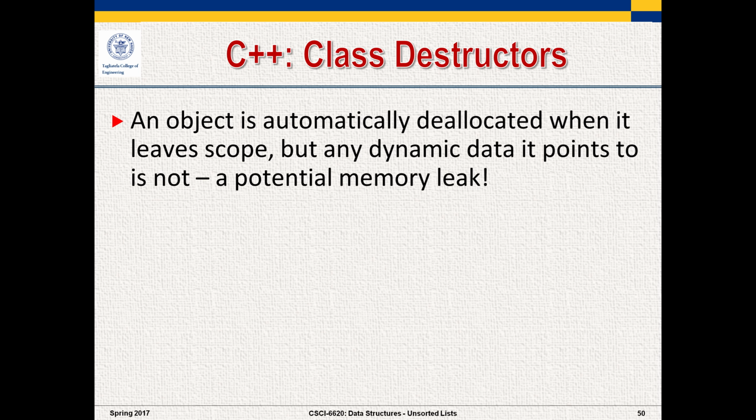Likewise, you want to be able to have them automatically be deallocated, and that's why you write class Destructors. In that case, when the object leaves scope, C++ will attempt to deallocate it for you. However, anything that you did which required the new syntax, let's say from inside of your class, that dynamic data is still hanging out there in memory.